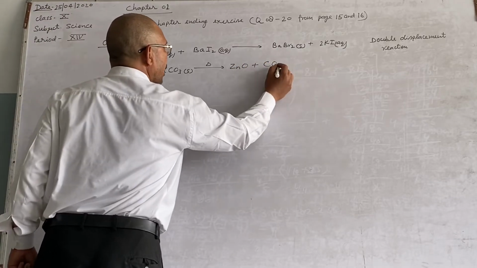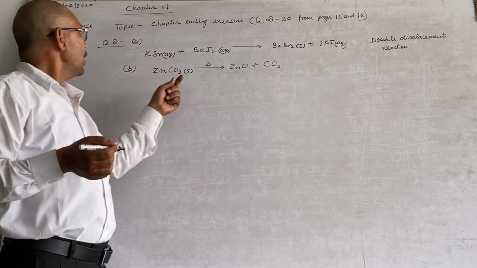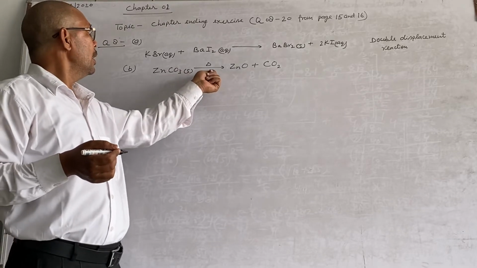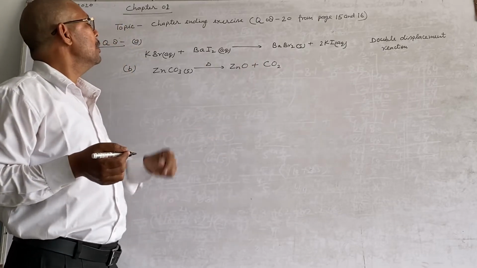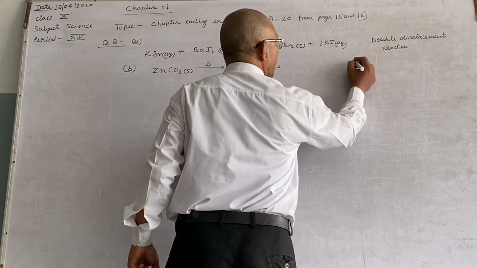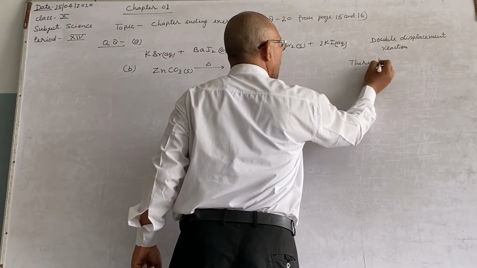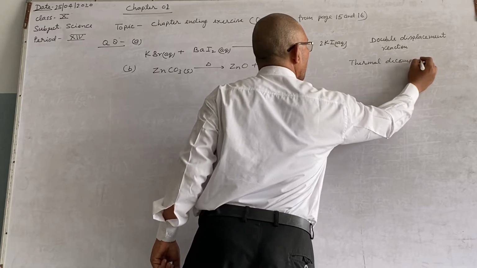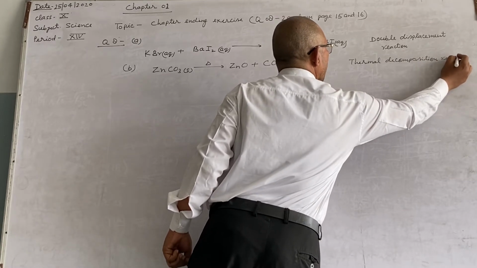Just you see here, this is already the balanced chemical equation, and a single substance undergoes decomposition to produce two simpler substances. So this is an example of decomposition reaction, or more correctly you may write thermal decomposition reaction.